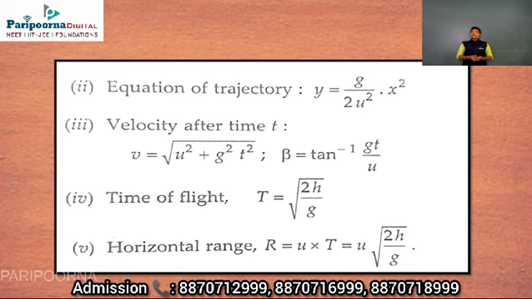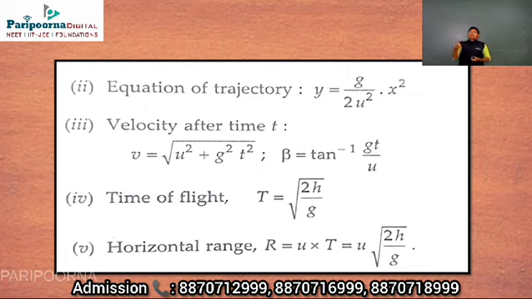Next, the equation of the trajectory, the path of the object, is y equal to g divided by 2u square into x square. These are the formulas we have to keep in our mind. It will help us to do the problems.